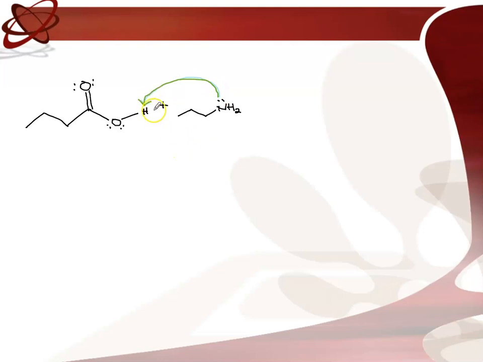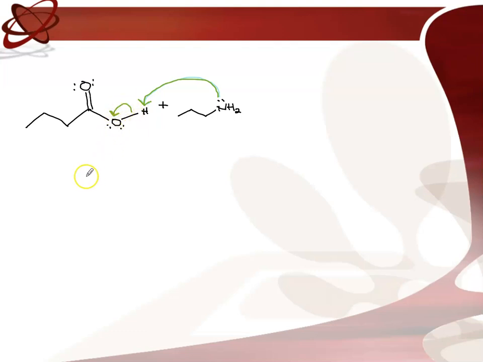There we go. This lone pair, we sometimes say attacks the hydrogen, but that really just means that it's going to share its electrons with the hydrogen and make a new bond to that hydrogen, which is going to result in the electrons in the oxygen-hydrogen bond being pushed back onto that oxygen.